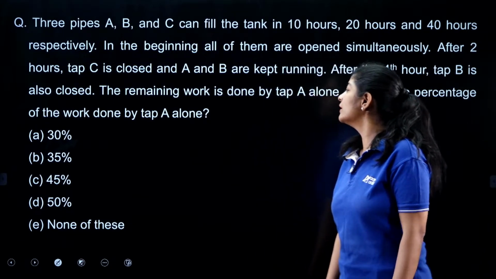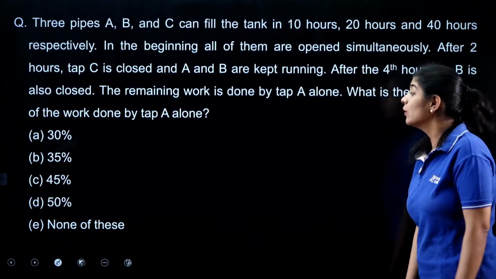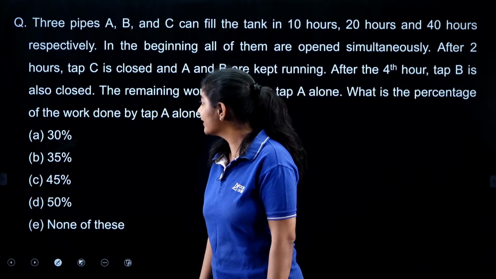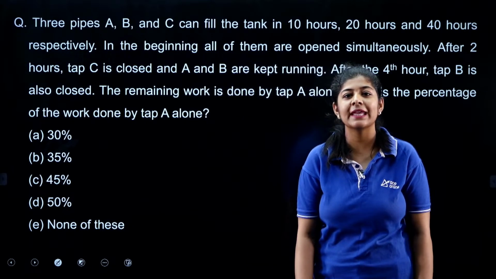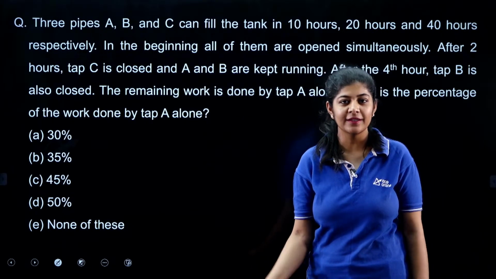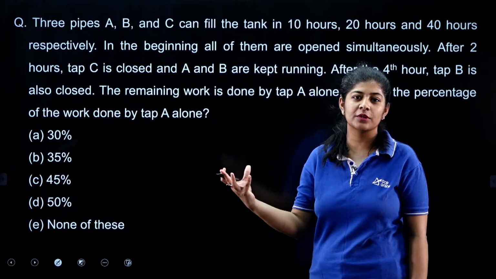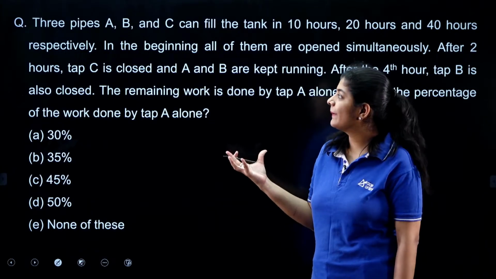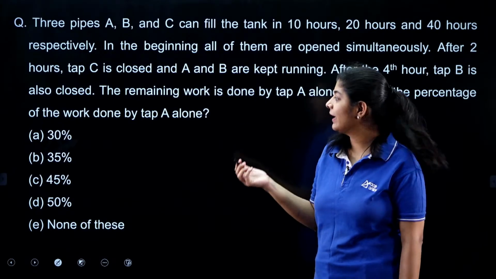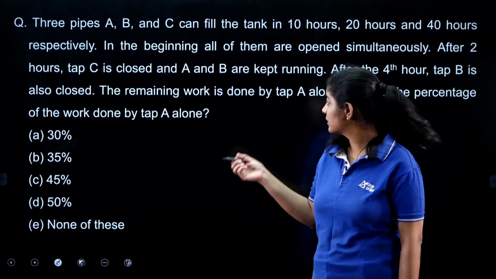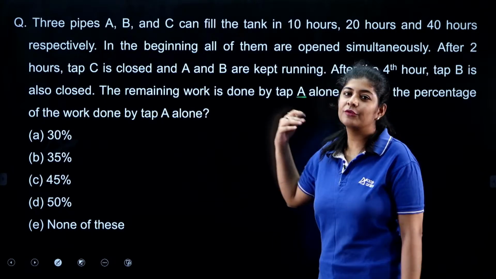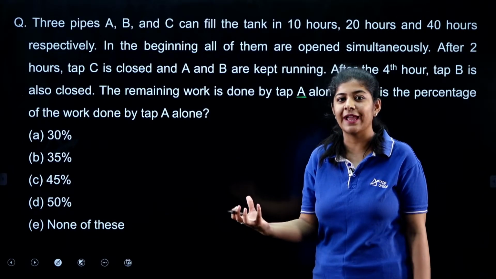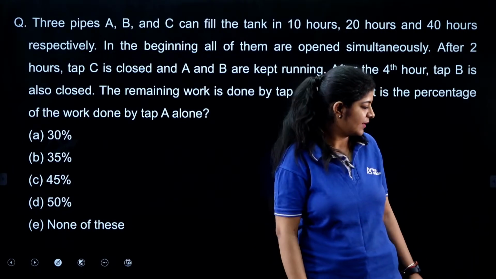The remaining work is done by tap A alone. What is the percentage of the work done by tap A alone? It's a very simple one. First, you need to find out how much quantity is filled by the rest of the pipes, and after that you will get the remaining work which is done by A, and you need to divide it by the total capacity of the tank, and you will get your answer.